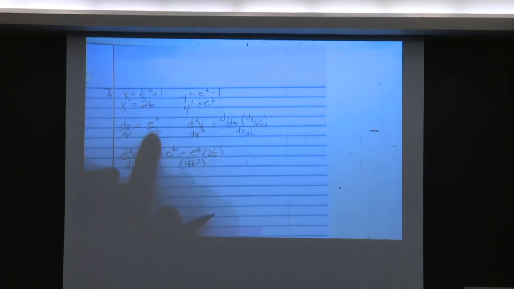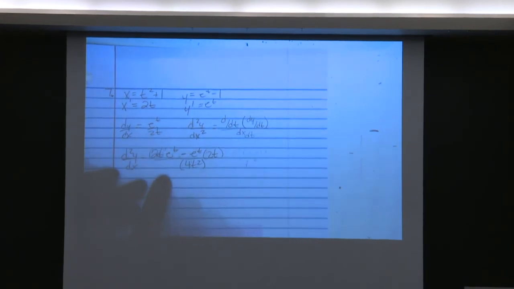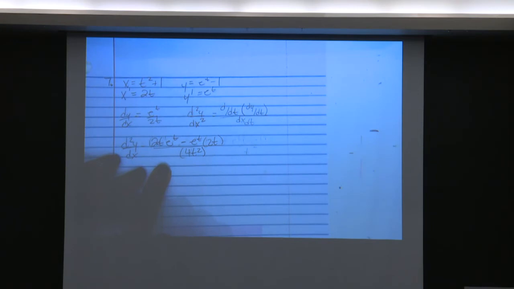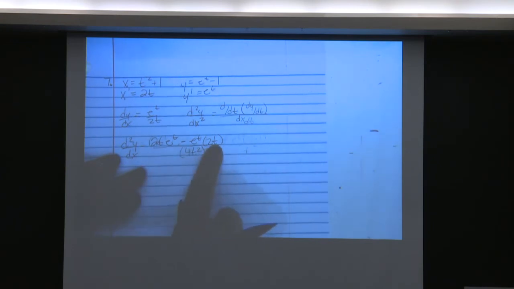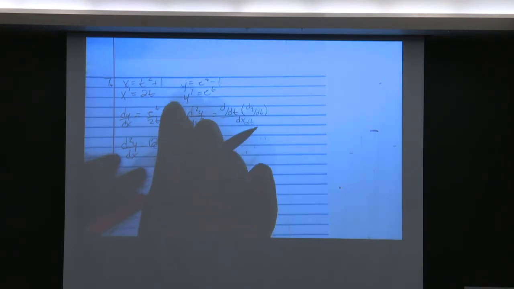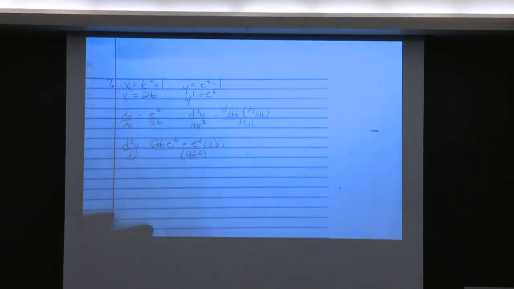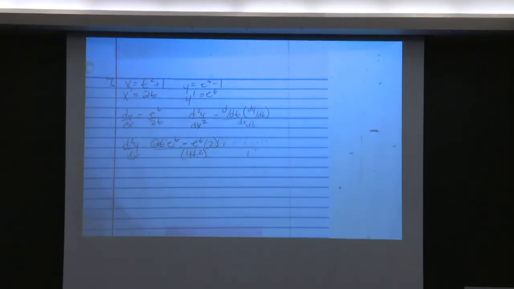I'm not seeing what you're saying. So like minus e^t should be minus 2 instead of 2t. Minus 2 right here? Yeah. Oh, you're right. You're right.